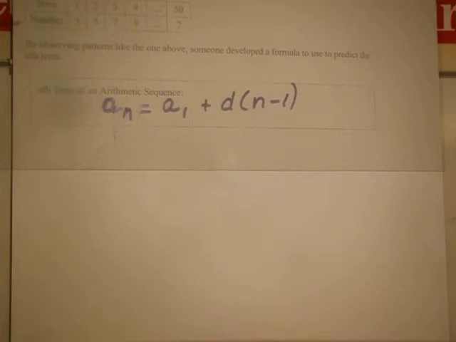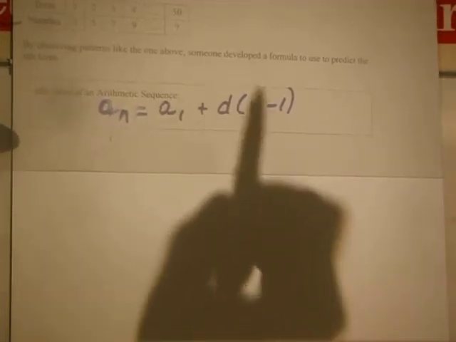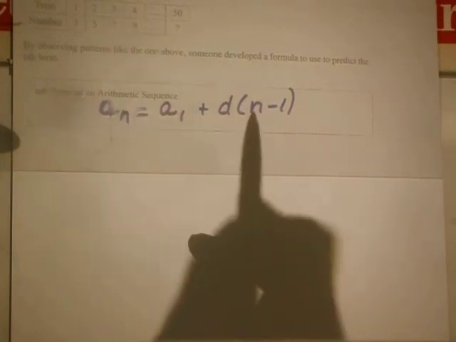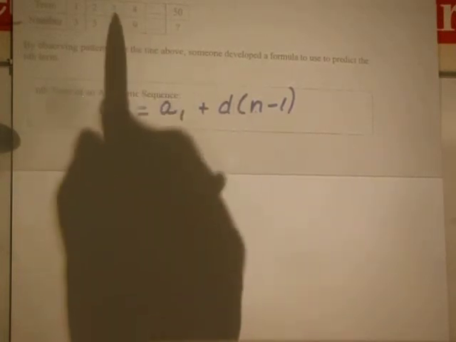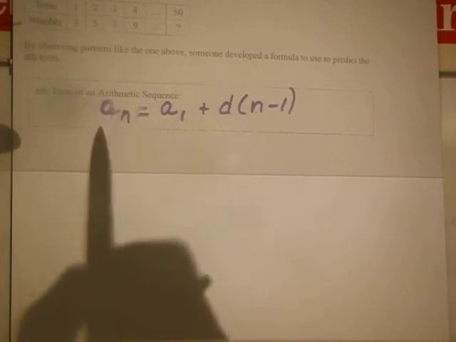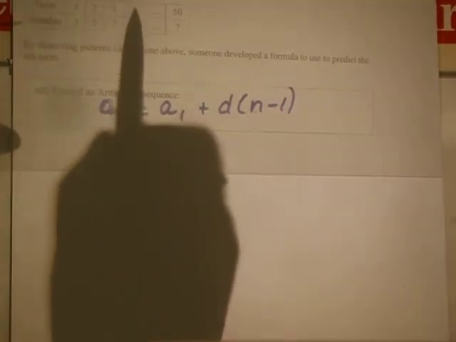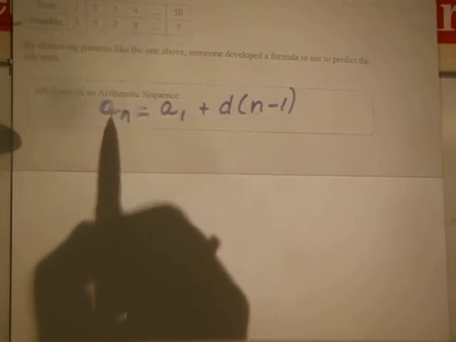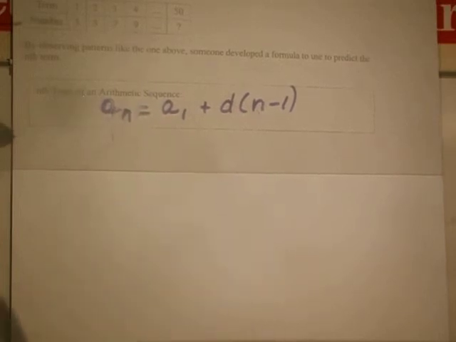If you want the 50th term, you would put 50 in there. If you wanted the 15th term, you would put the 15 in there. And this a sub n is the number that you get. If we put a 3 in for n, we would get the 7 back. If we put the 4 in for n, we would get this number 9 back.